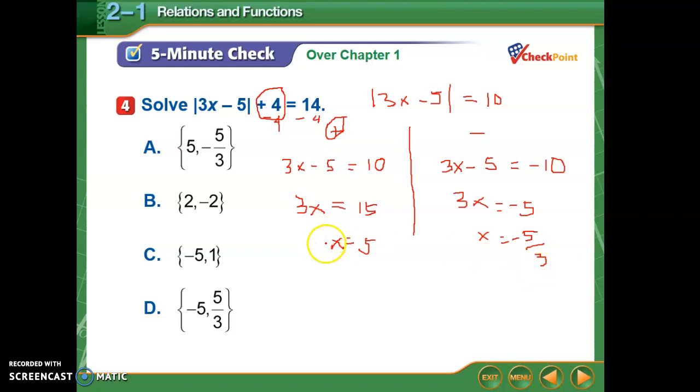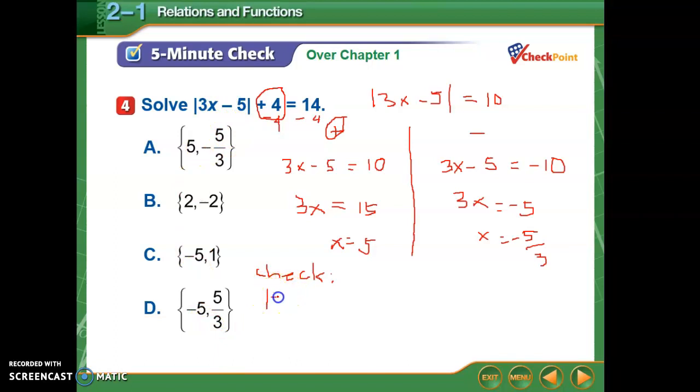Okay? Alright, so before you can say that these are your solutions, you have to check. Always check for extraneous solutions, meaning you got an answer, but it's not the real solution. Okay, so how do you do that? You're going to plug this into the original problem.